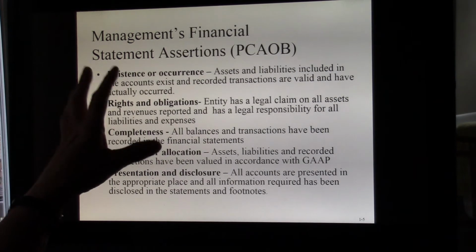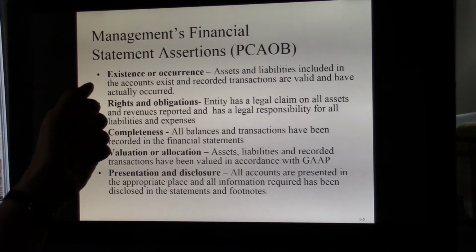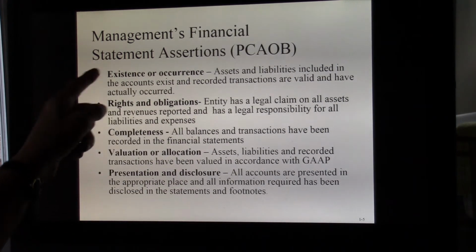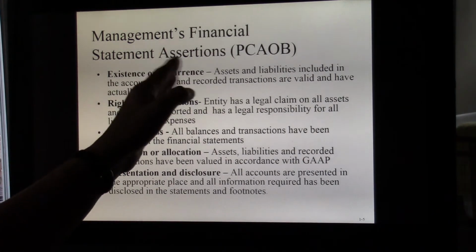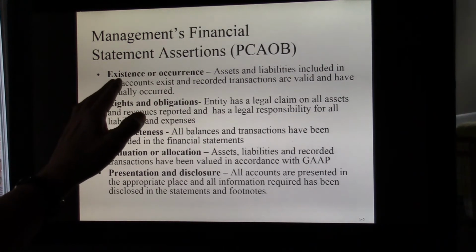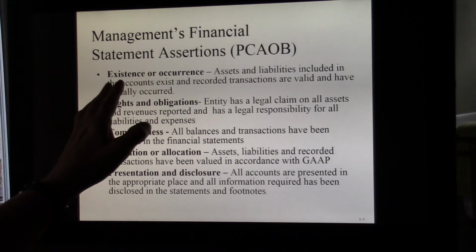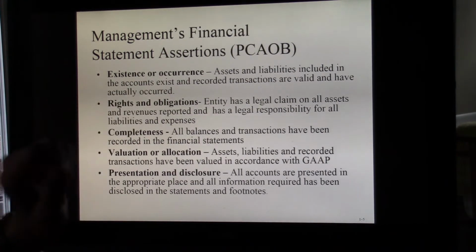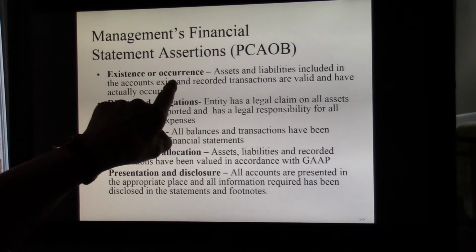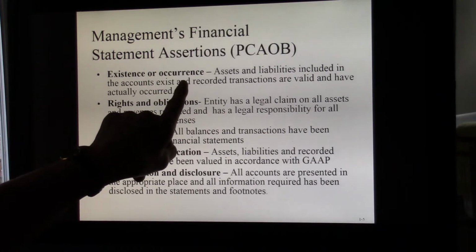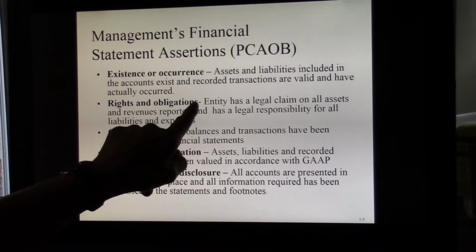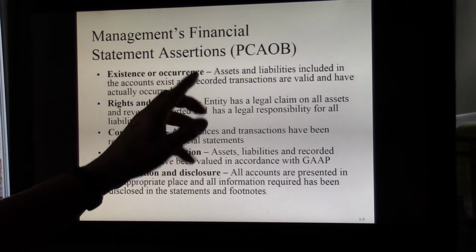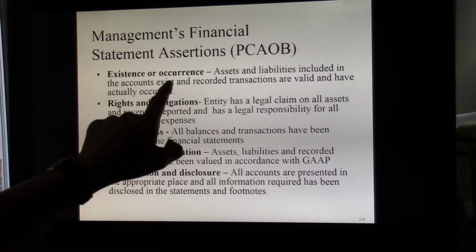So I can't just kind of go, yep, that balance for land is 10 million. I have to make sure it exists, right? It's not about occurrence with land because land is an asset, all right? It's a thing that actually exists. For occurrence would be something that happens, like a sale, right? So if I was testing revenue on the income statement, right? So they say, oh, we have $1 billion in revenue.